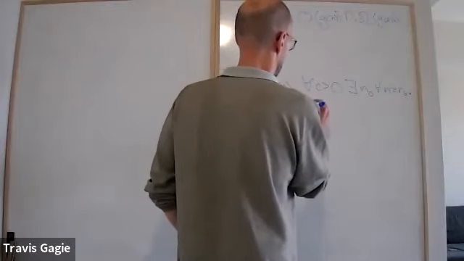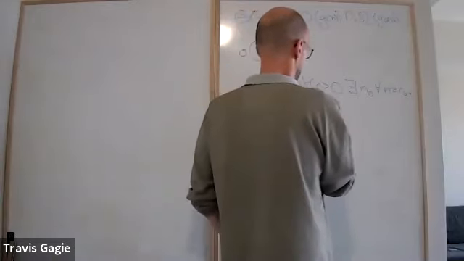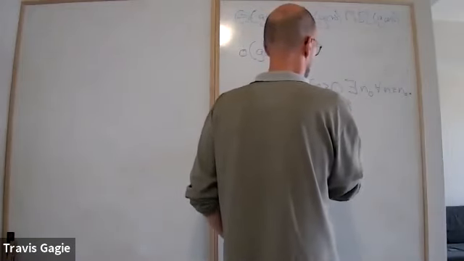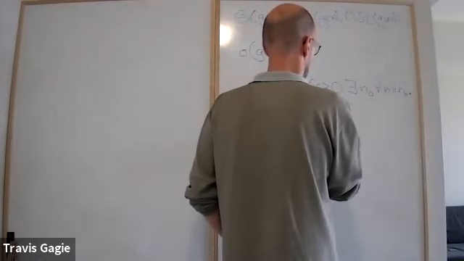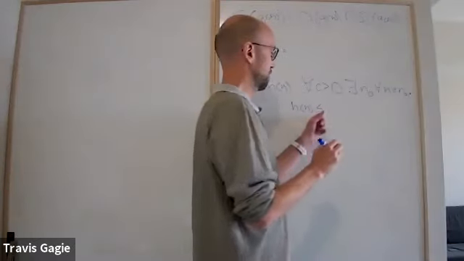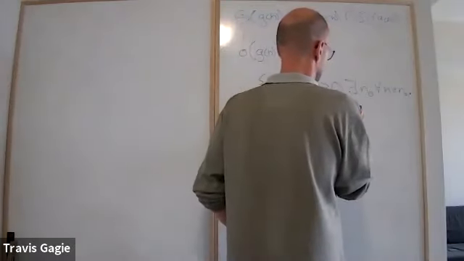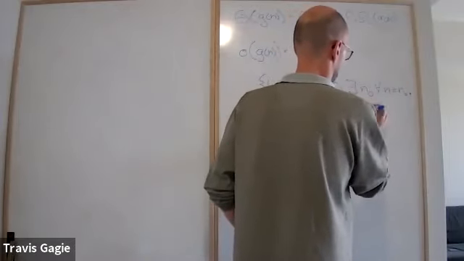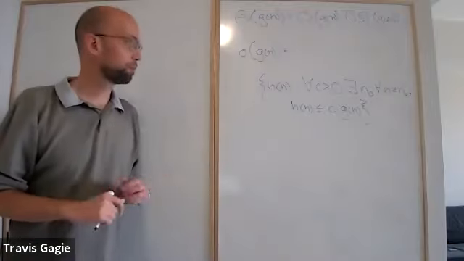h of n is less than or equal to, I think this one usually is just less than, but it doesn't matter, c times g of n. Right?